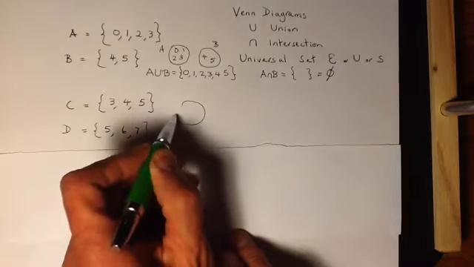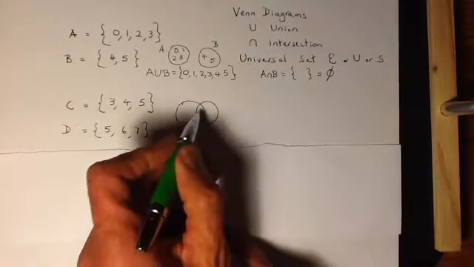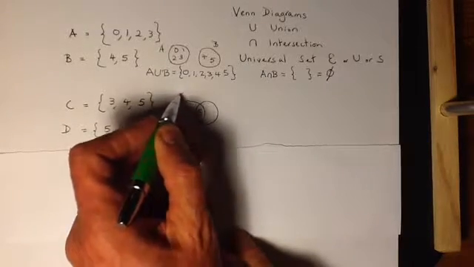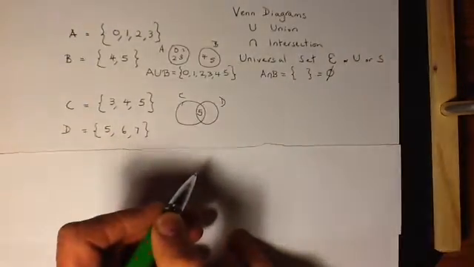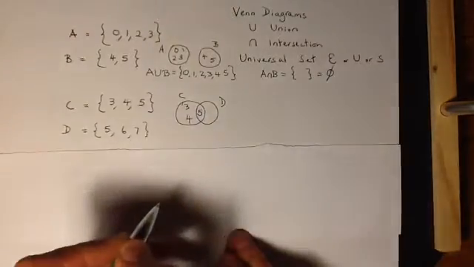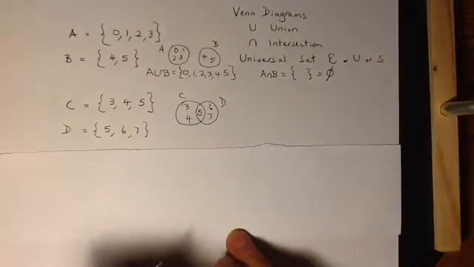So if I have C like this, I must have an intersection, because 5 is in both C and D. So it has to be like that. Then I can fill in the rest of C, 3 and 4, and the rest of D, 5, 6, 7.